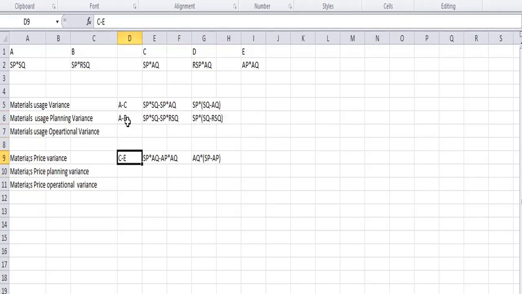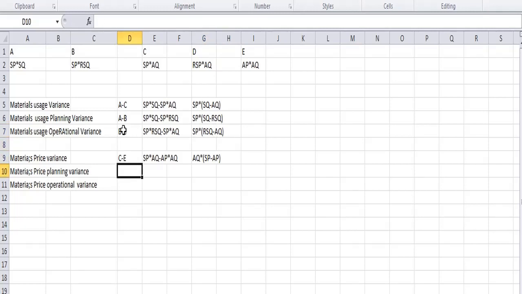Similarly for the usage operational variance, I have written the spelling wrong, operational. If we subtract B minus C, that is SP into RSQ minus SP into AQ, SP is common, and the remaining will be RSQ minus AQ, so we get our material usage operational variance.